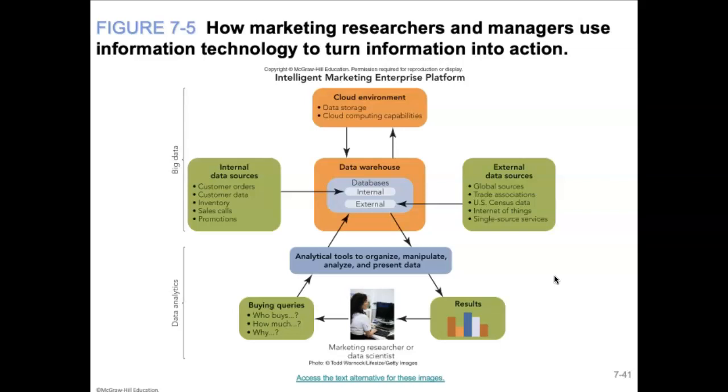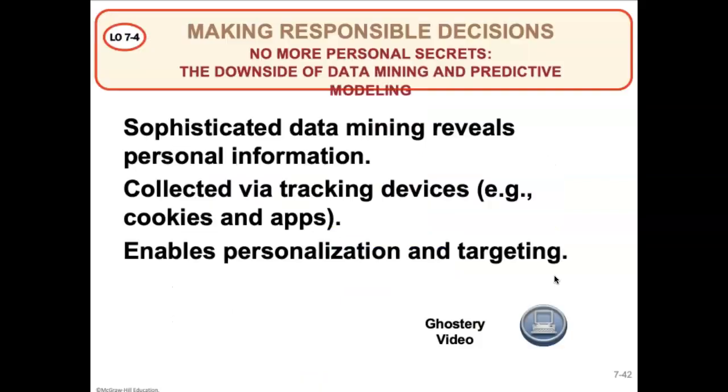A diagram that represents how marketing researchers and managers can use information technology to turn information into action. In terms of making responsible decisions, again, some downsides of data mining and predictive modeling. Sophisticated data mining reveals personal information, so you're getting into privacy issues.